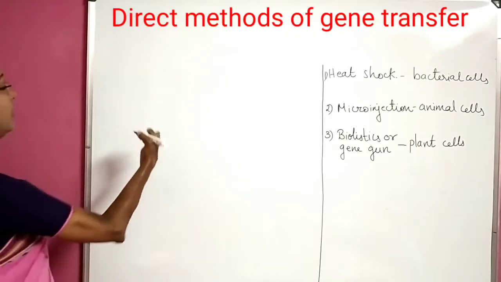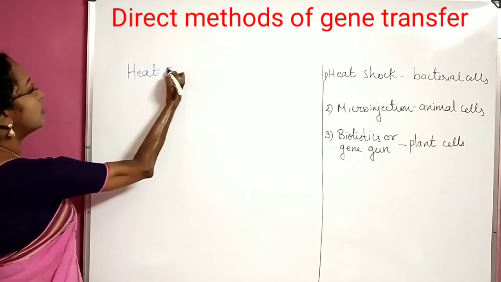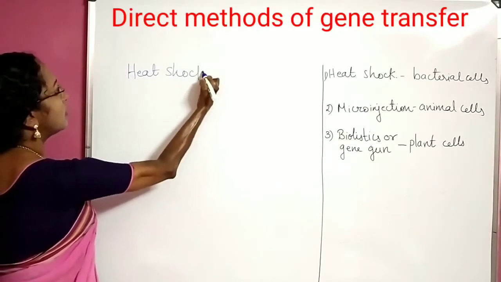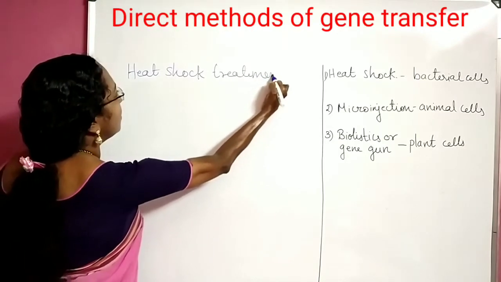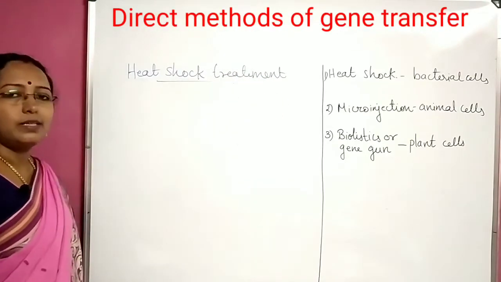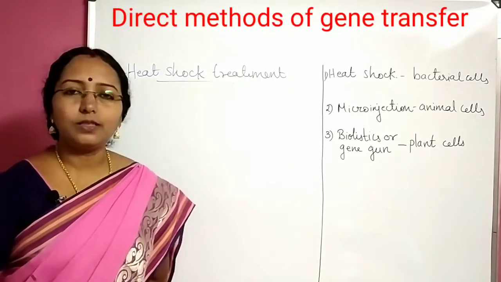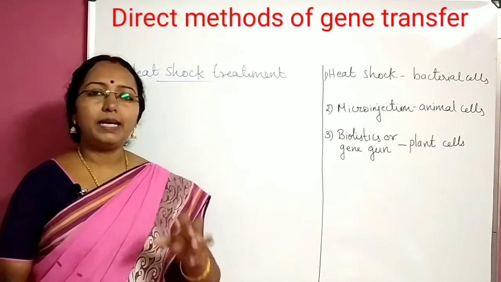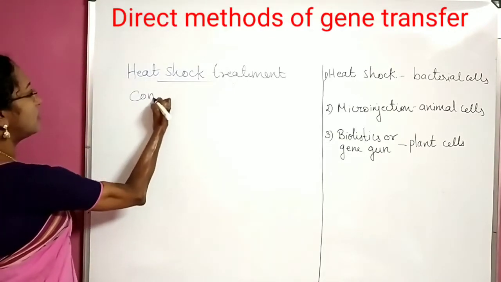First, regarding heat shock treatment. This is usually done in the case of very small cells, bacterial cells and so on. Before you go for a heat shock treatment, you make the bacterial cell a competent host.